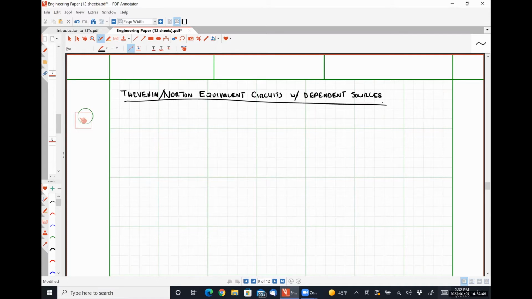All right, so let's consider the following circuit where we have a 20-volt source connected to a 6-ohm resistor connected to a dependent voltage source, which is providing a voltage of twice Ix.